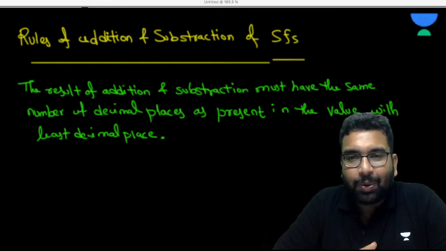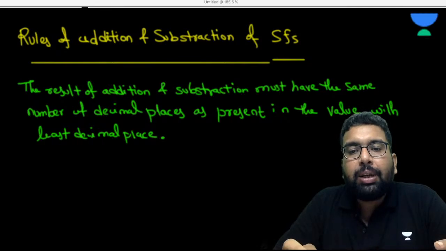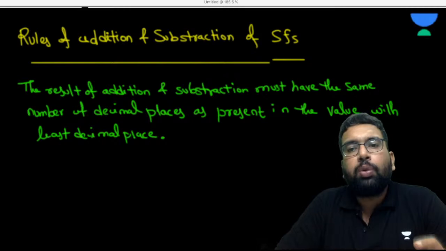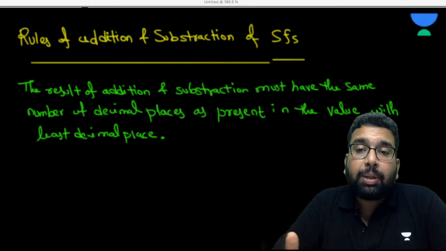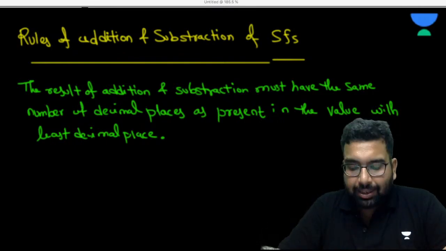We have seen how to round off. It must be rounded off to the decimal places of the value having the least decimal places.